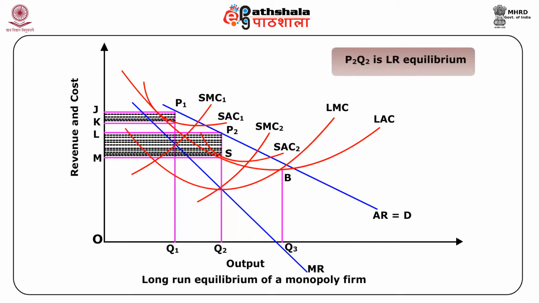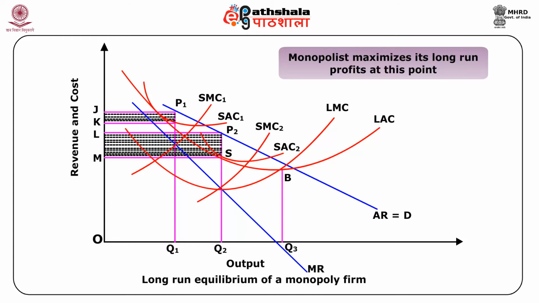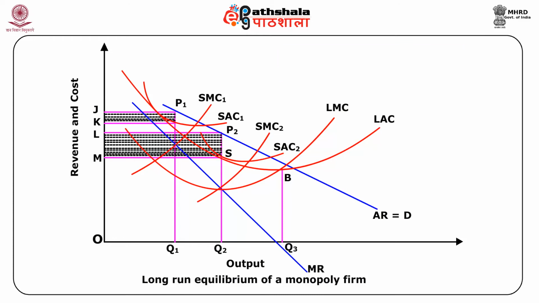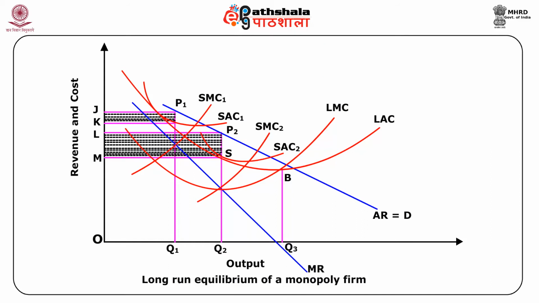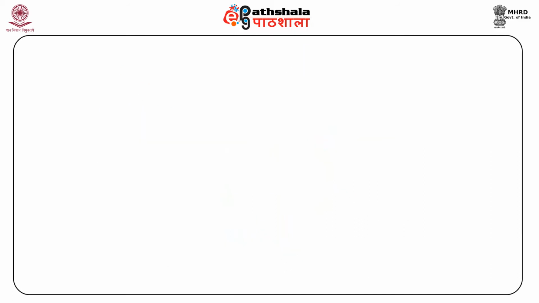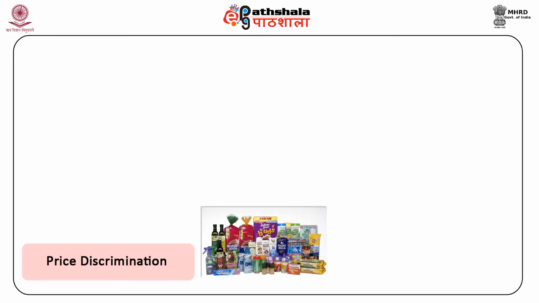P2Q2 is also the long-run equilibrium of the monopolistic firm as the monopolist maximizes its long-run profits at this point. However, the total long-run profit is shown by the area LMSP2.